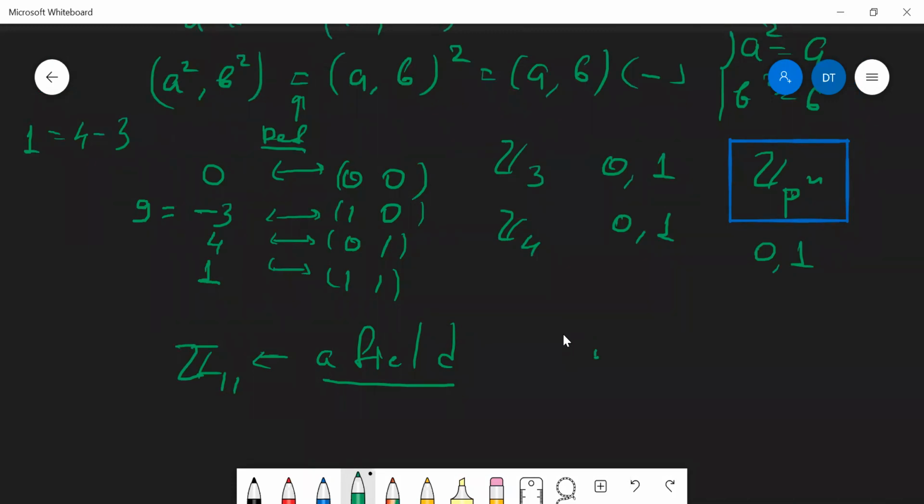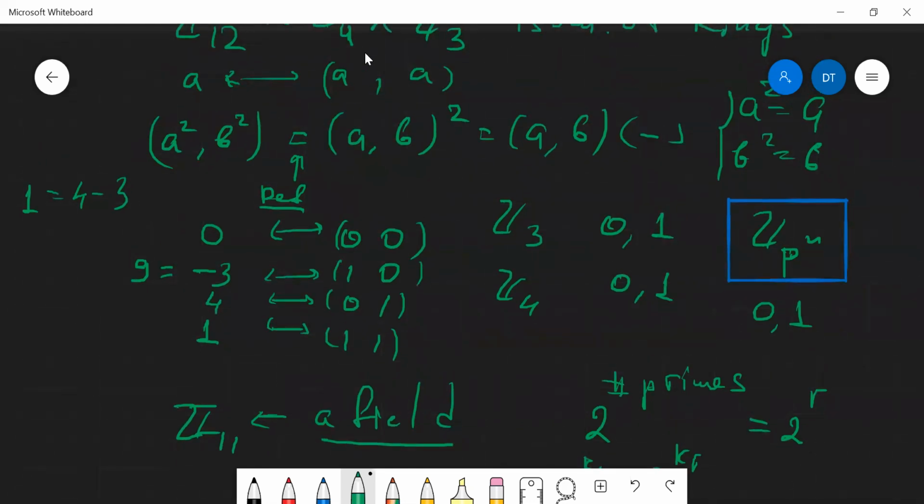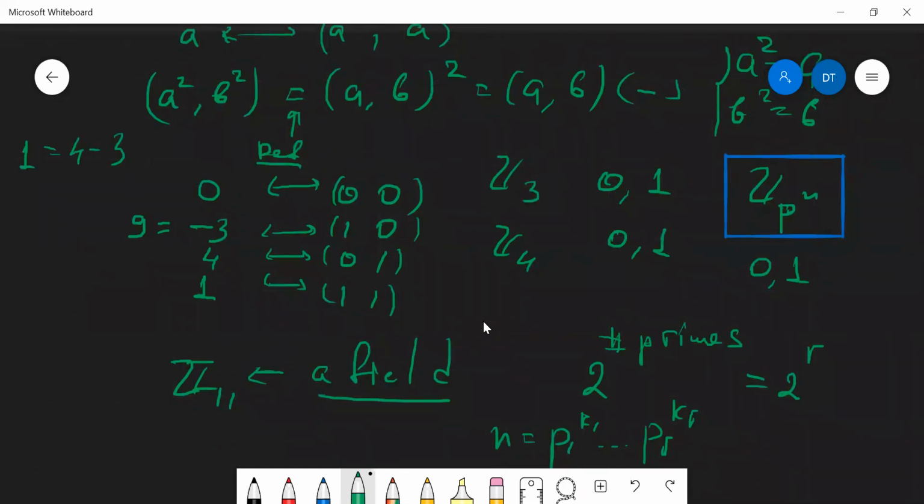And the right formula is 2 to the number of primes. So if n is equal to p1 to the k1, etc., pr to the kr, then the number of idempotent elements is 2 to the power of r, because we have r coordinates here. You see, we have two different primes, so we have 2 coordinates. And for each coordinate, we have 2 options. So 2 options for this one times 2 options for this one times 2 options for the next coordinate.